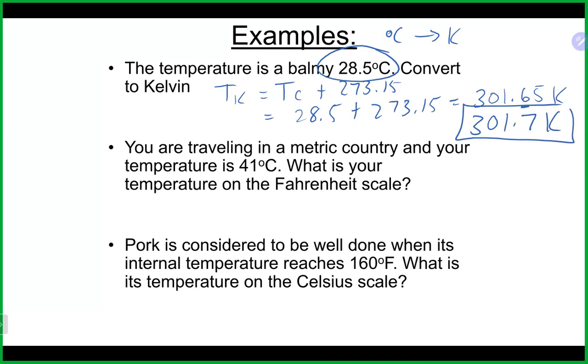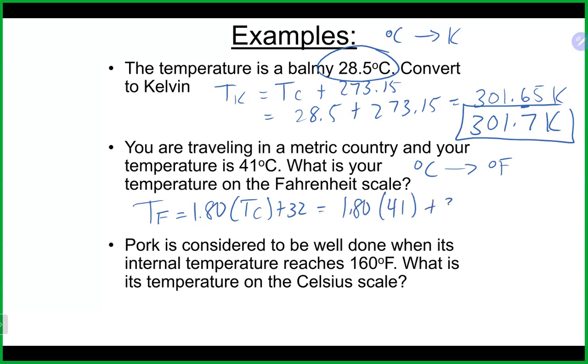Okay, looking at the second one, we have Celsius and want degrees Fahrenheit. So our temperature in Fahrenheit is equal to 1.8 times temperature in Celsius plus 32. So we'll go 1.8 times 41 plus 32, and we get 105.8 on my calculator, degrees Fahrenheit.